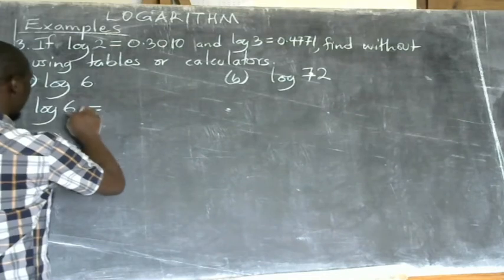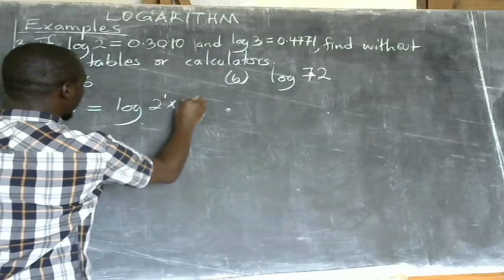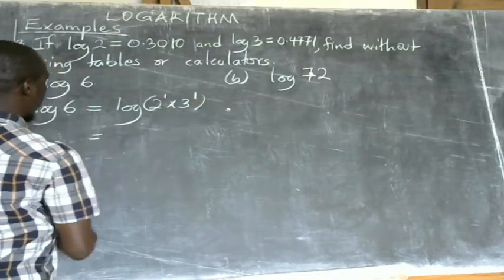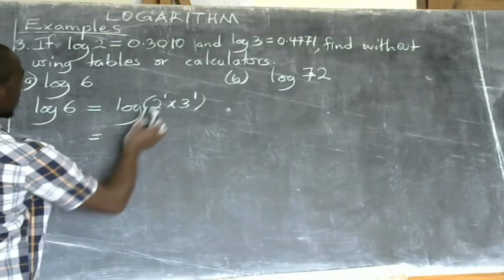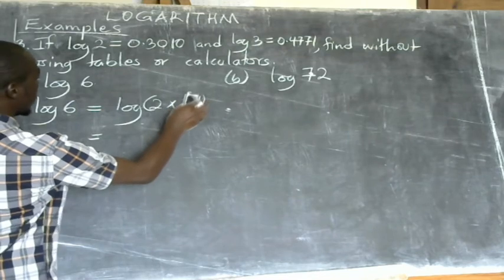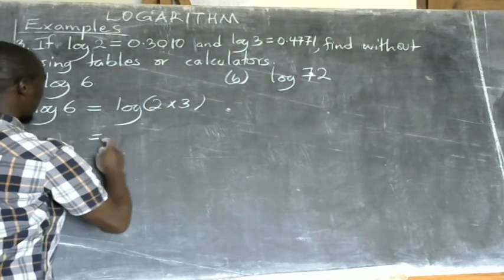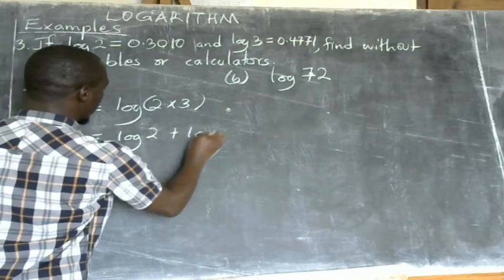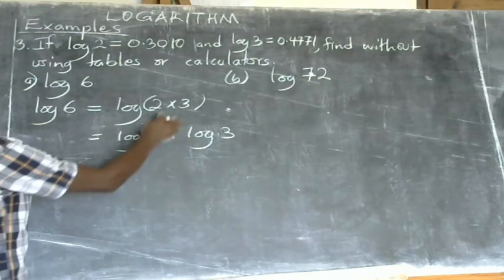Log 6, when you prime decompose, it gives me 2 power 1 times 3 power 1. Then I'm going to write this one here as separate logarithms. The power 1, and the number power 1 is the same number, so I can remove those powers. So this is log of 2 plus log of 3 using the laws of logarithm.